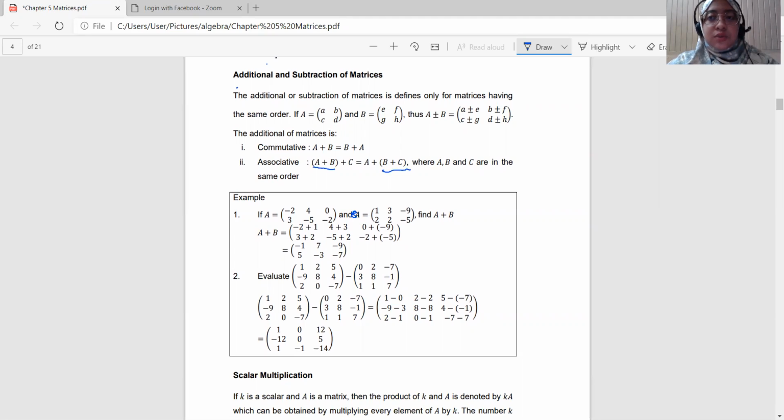As we can see, both have the same order, so we can add the terms together. The second example is a subtraction example, and again we have to make sure the order is the same. When we look at this, the matrices have the same order, so we can find the final answer.